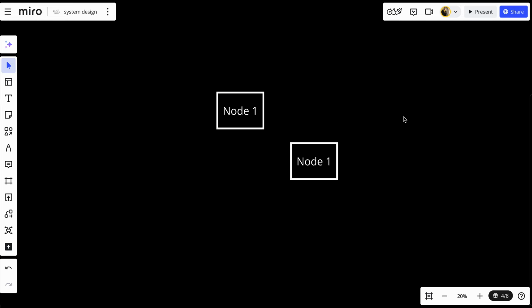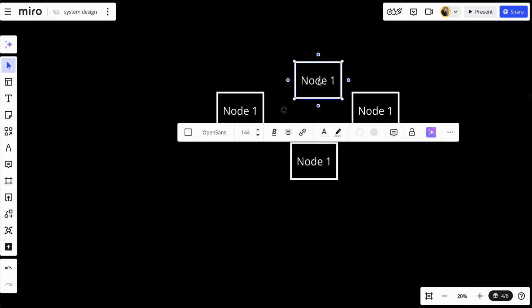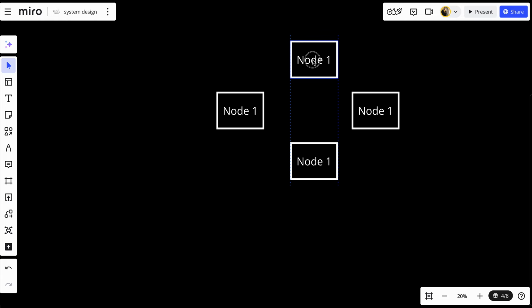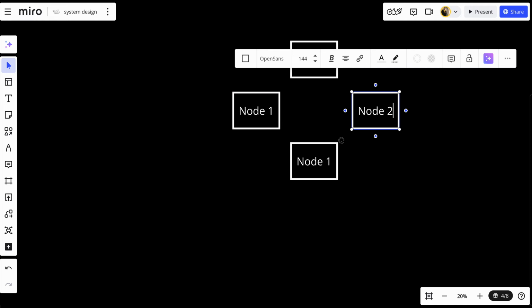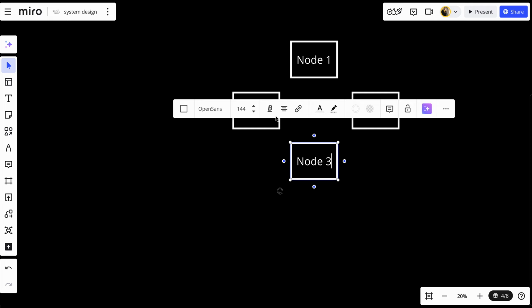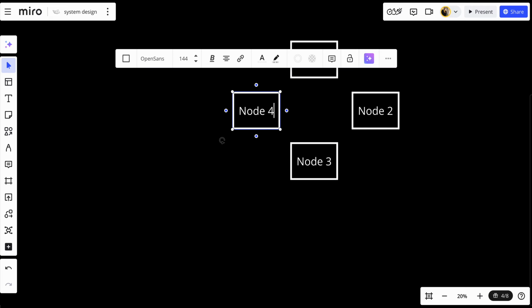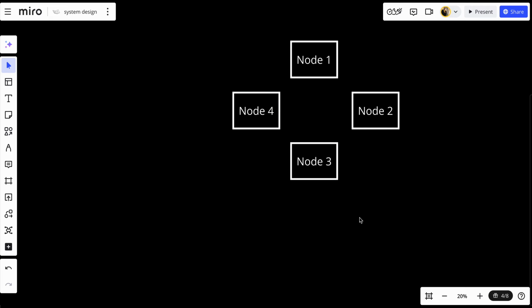Let's assume that we have a distributed system, and we have node 1, node 2, node 3, and node 4. So in this distributed system, we have 4 nodes here. Nodes need to work together to maintain a consistent state.